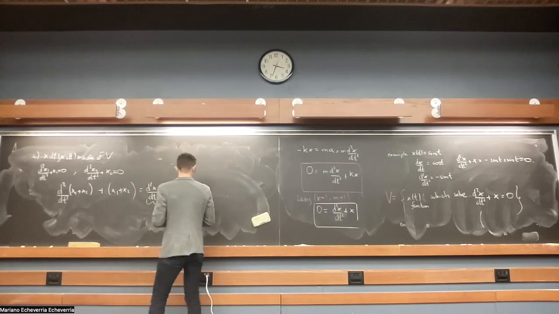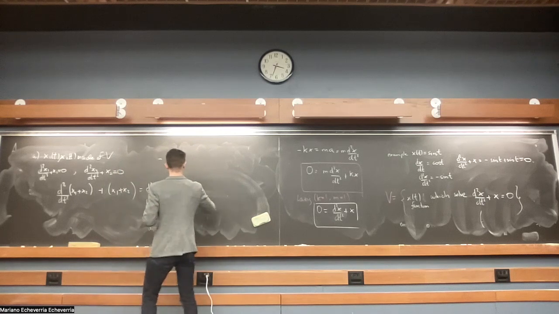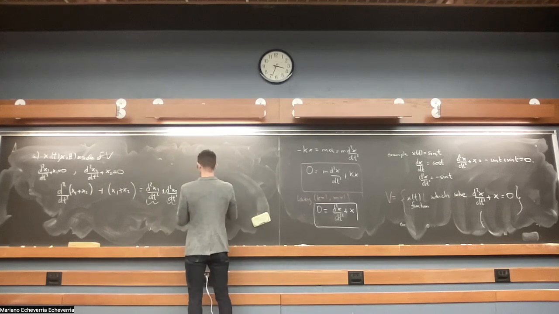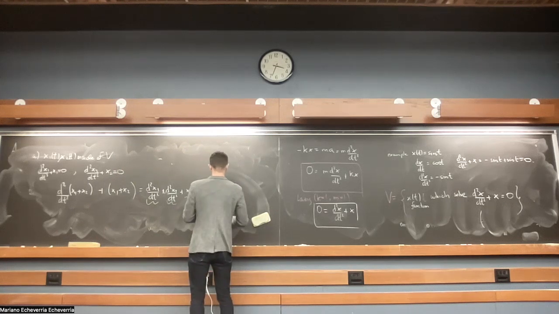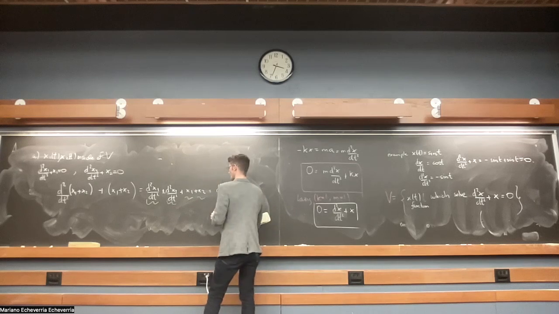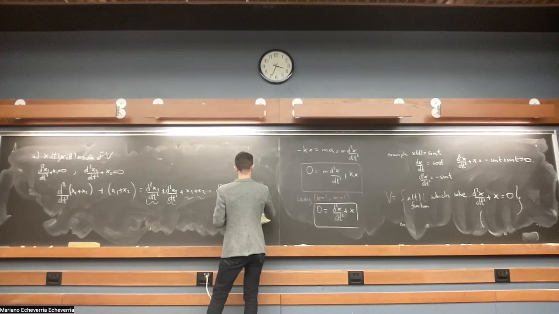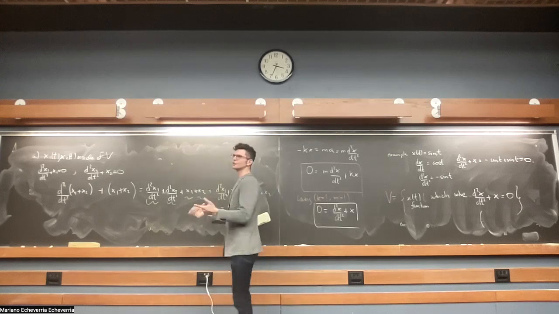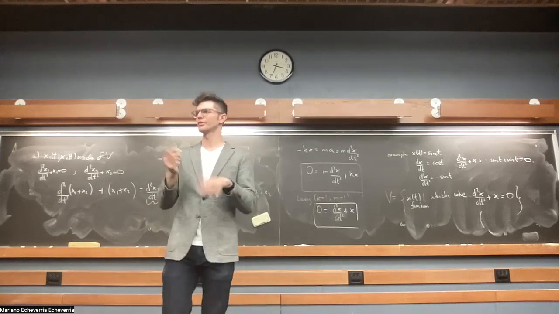So this one goes with this one, and this one goes with this one. And this gives you 0 plus 0. So that means that if you take two solutions and you add them together, you get a new solution.